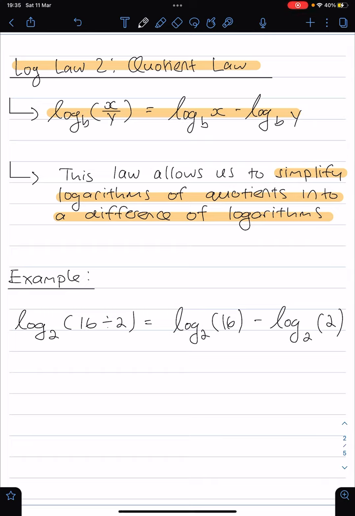In our previous example, we stated that if the base is the same as the number inside the bracket, the solution becomes 1. Given this information, we can now answer this question. Log 2 of 16 becomes 4 minus 1, which then equals 3. There is your solution. Let's move on to law 3.